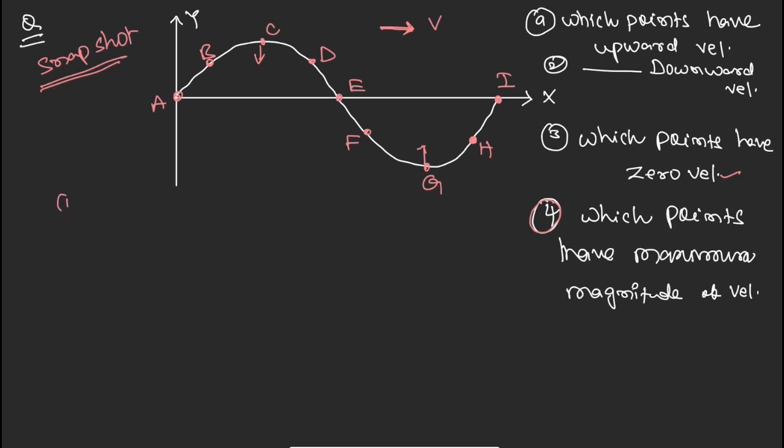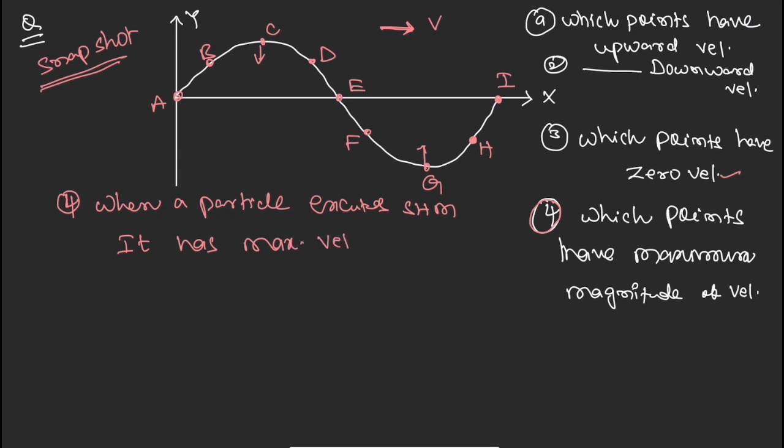Okay, for the fourth one, when a particle executes SHM, simple harmonic motion, the particle has maximum velocity at the mean position.